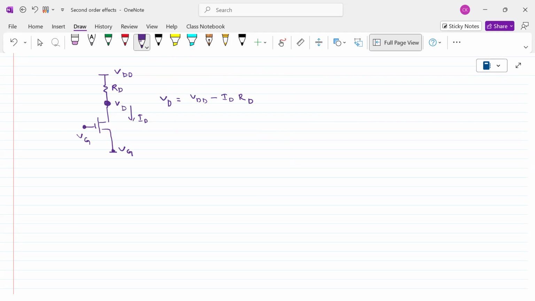Okay. Now the question is, as we keep on increasing the VGS value in this case, what about the drain potential? If we keep on increasing the gate potential, or gate to source potential, what happens to the drain potential?